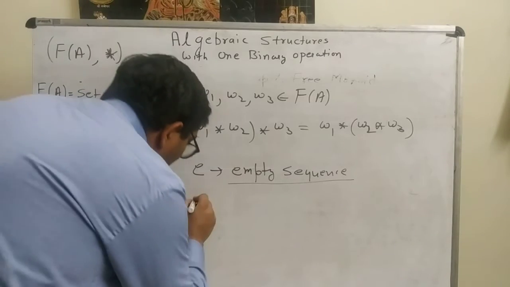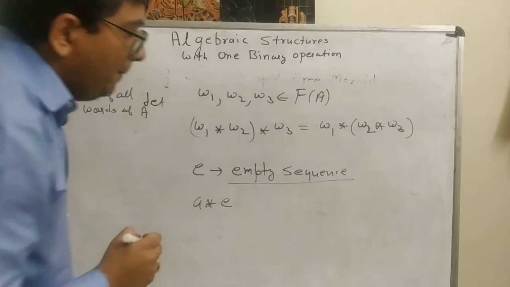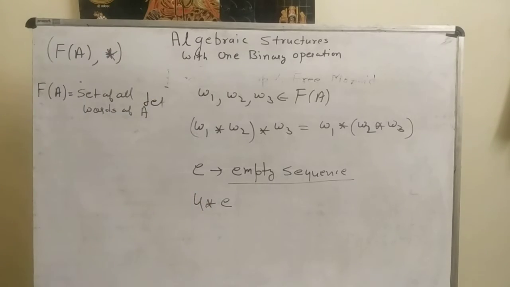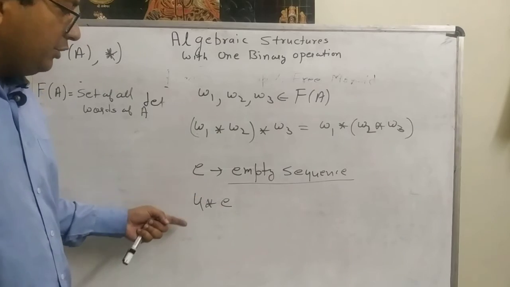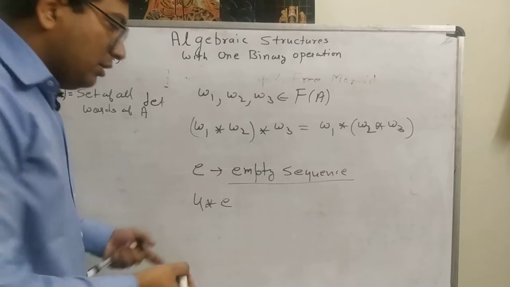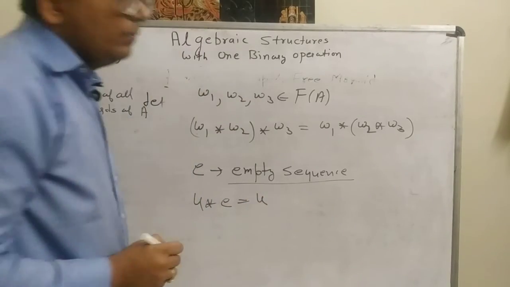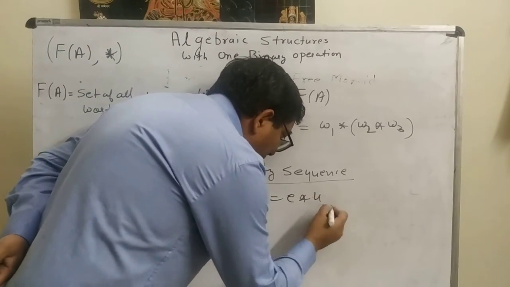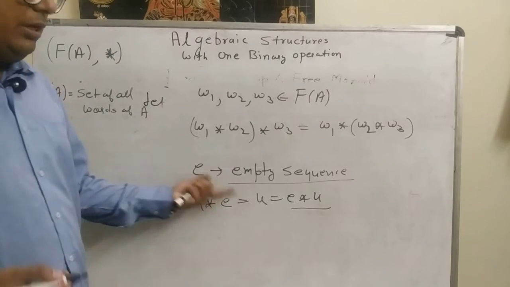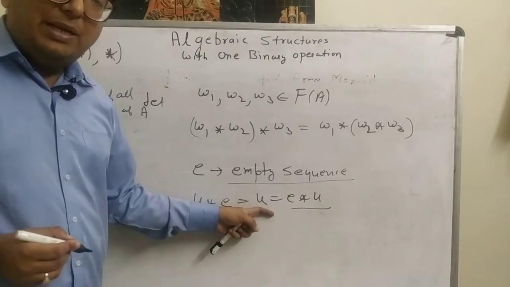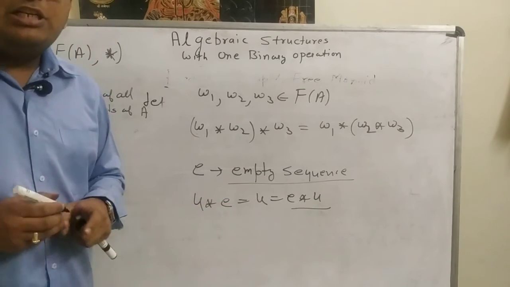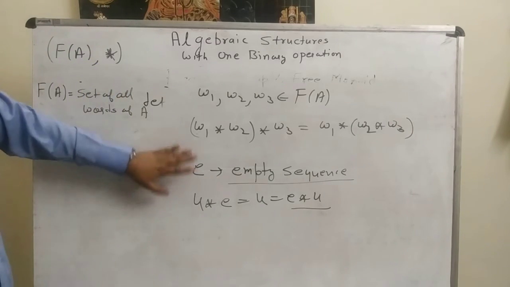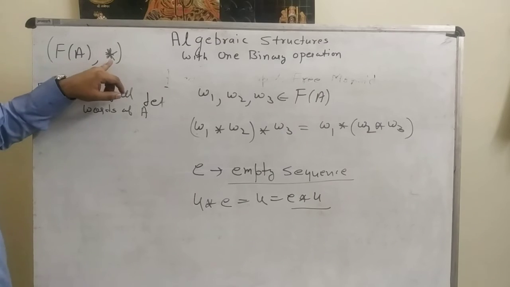When we take a sequence U and apply concatenation with E, either E first or E after U, the resultant word remains U. So E, the empty sequence, is the identity element of the algebraic structure (F(A), star).